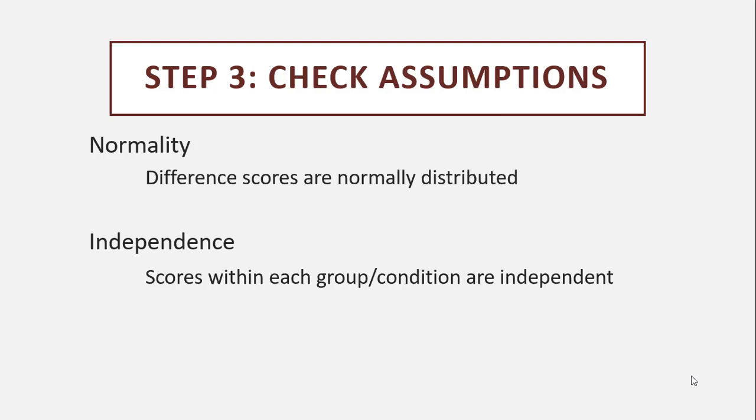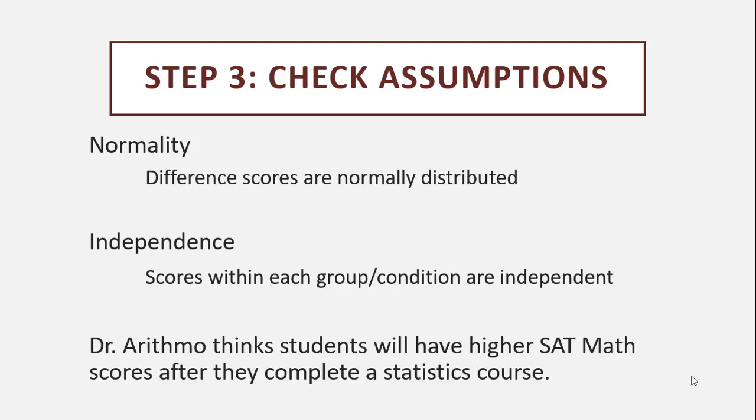Within any condition or within any group, the scores should be independent, meaning that the different scores should be independent. So a person from time 1 to time 2, their score is going to be dependent, but again, across the people, between people.